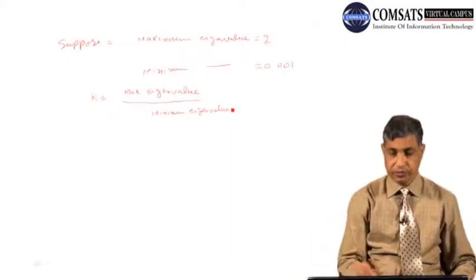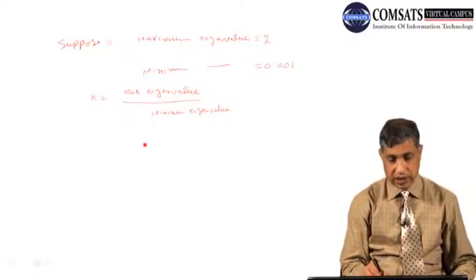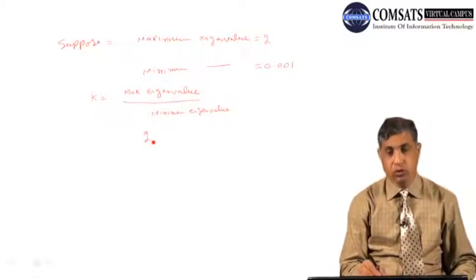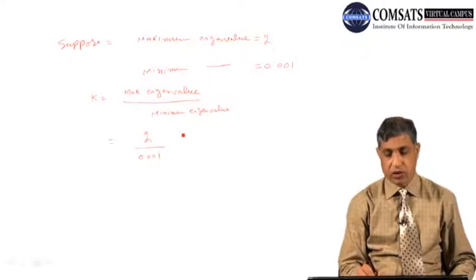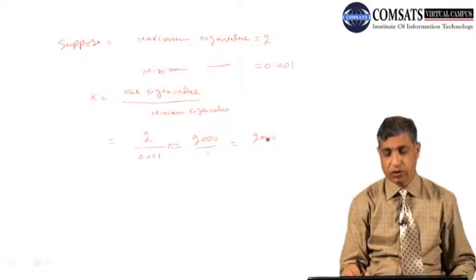Here the maximum eigenvalue is 2, and I divide it by 0.001. So it becomes 2000 over 1, and ultimately it is 2000.